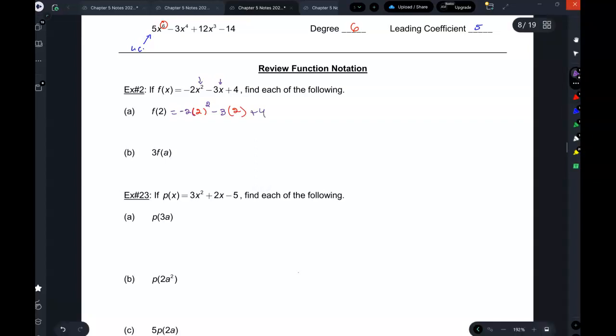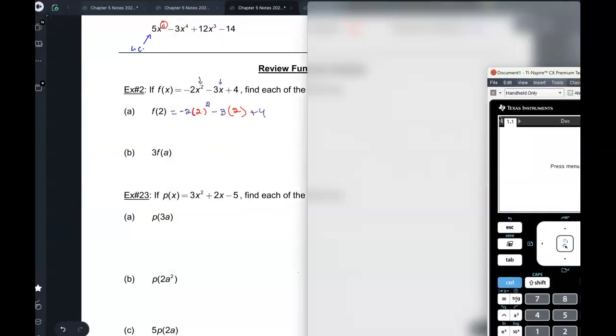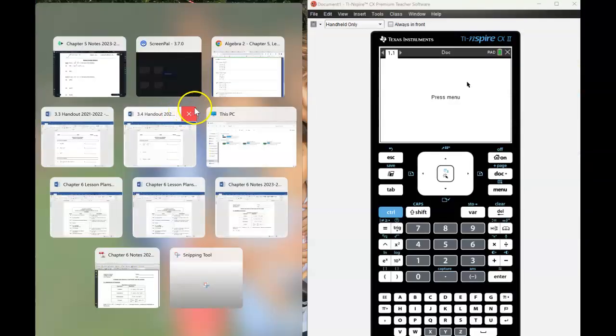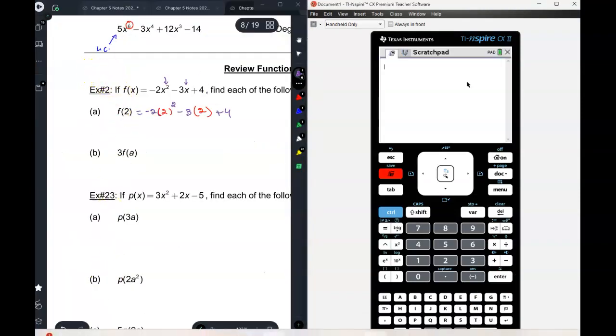We're going to put this in the calculator exactly the way it is, and I'm going to do it with you. Negative 2 in parentheses, 2 squared, minus 3 times 2 plus 4. You get negative 10.